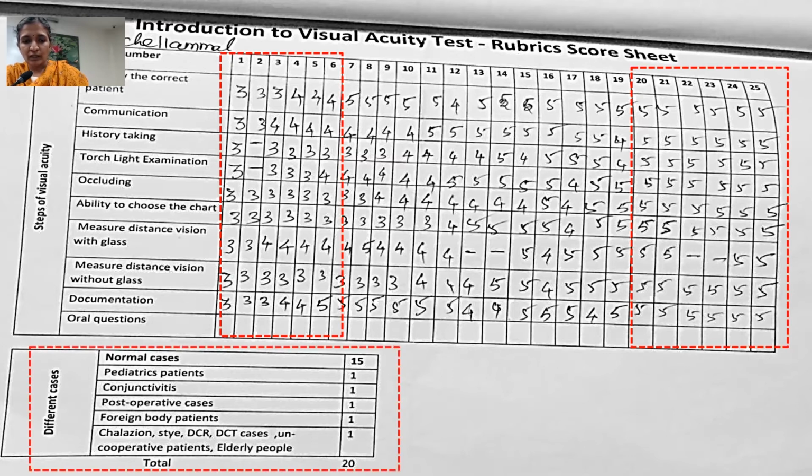Not only that, you'll see at the bottom, it's not just visual acuity for any patient. I want them to undergo a variety of cases. So in this 25, I must ensure she has seen pediatric patients with conjunctivitis, so she will know what not to do, post-operative cases, patients with other complications as well.